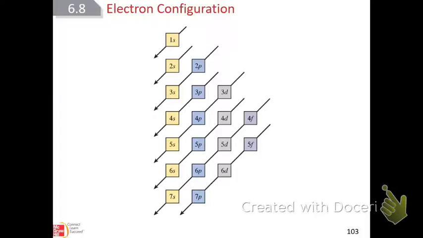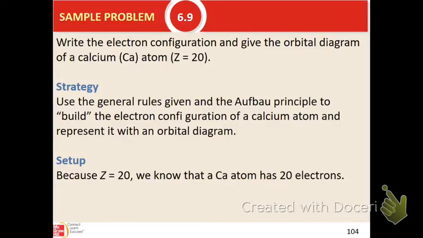All right, and it asks us right here to write the electron configuration for calcium, and an orbital diagram, which is just the boxes that it was talking about. So we know that since our atomic number is 20, calcium has 20 electrons.